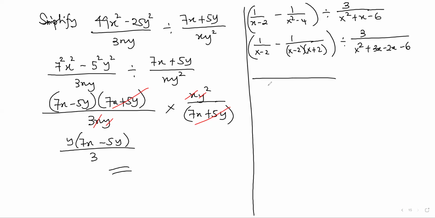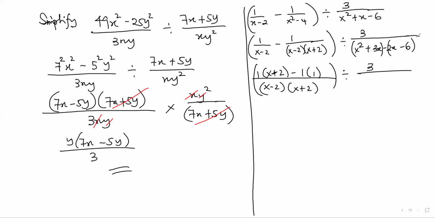So over here we find the LCM, which is (x minus 2)(x plus 2). So x minus 2 into x minus 2, x plus 2 will be x plus 2 times 1, which is 1 into bracket (x plus 2). And minus the denominator here into the denominator here is 1, and 1 times 1 is what we'll have here, divided by 3 into, so the denominator here, what's common is x, so we are left with x plus 3.